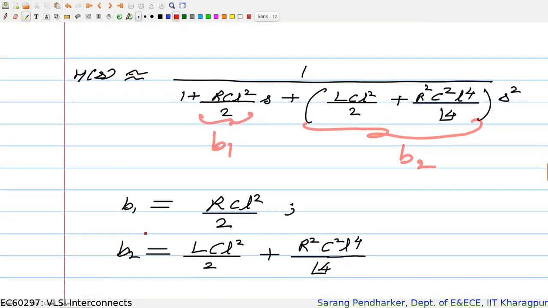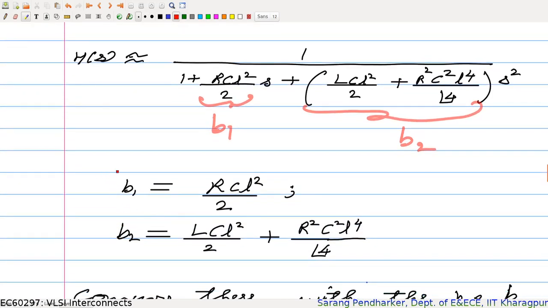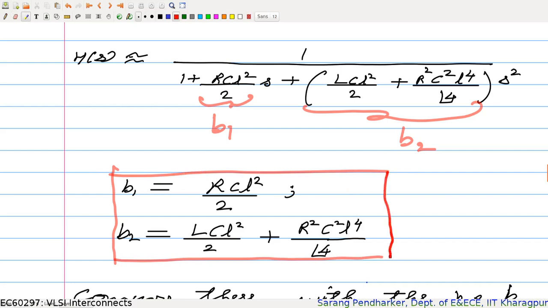So your B1 is RC L square by 2, which comes out to be the same as we got from the Elmore equivalent model, and your second term B2 is LC L square by 2. And then there is an additional term of R square C square L to the power 4 divided by factorial 4. Factorial 4 is I think 24, so this denominator is also much larger.